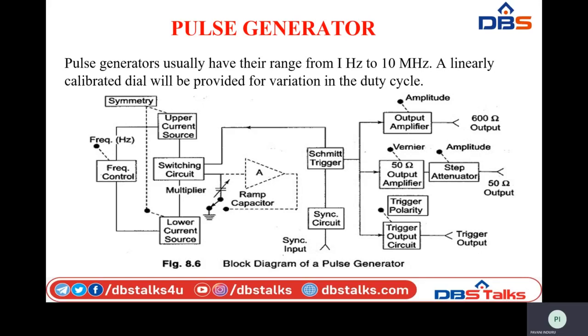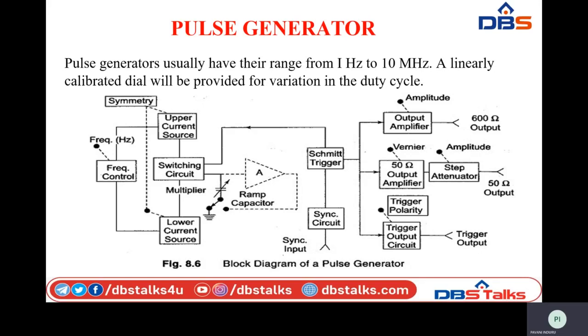One output amplifier strengthens the signal and gives us one range of output with 600 ohms resistance. And we have a 50 ohms output amplifier, along with its attenuator to change the magnitude of the voltage that is coming from the integrator present in the pulse generator.